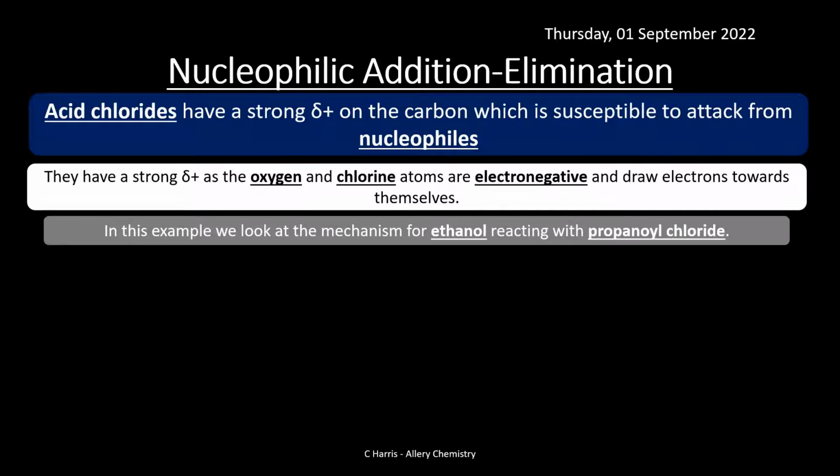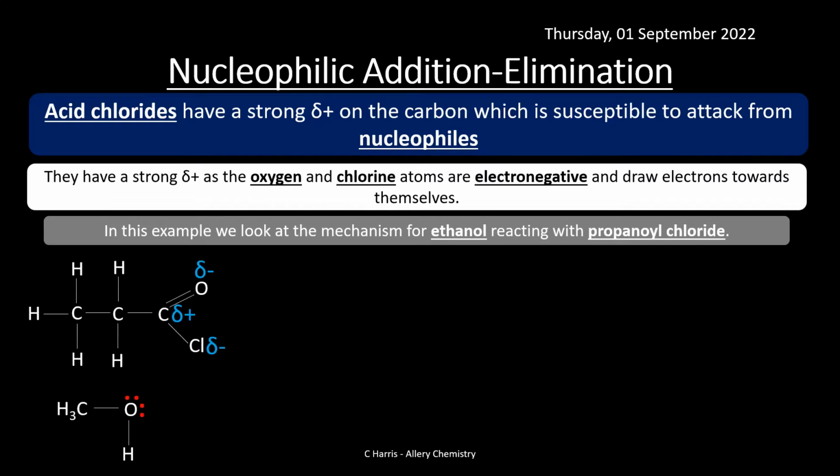So in this example, we're going to look at the mechanism for ethanol, so it's an alcohol reacting with propanoyl chloride. So here we've got our acid chloride. We've put our polarities on the molecule: delta positive carbon, delta negative oxygen, delta negative chlorine. So the electrons have been ripped away from this carbon, delta positive there. This is prime for attack from a nucleophile, which in this case is your alcohol.